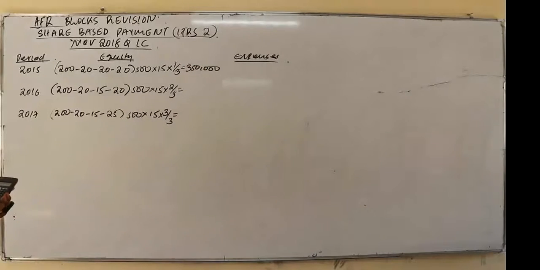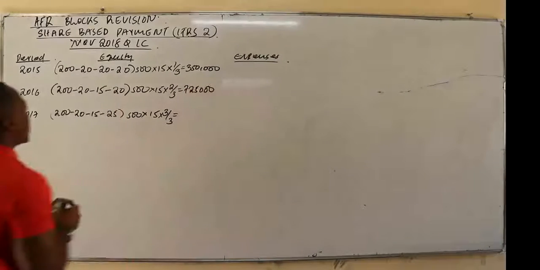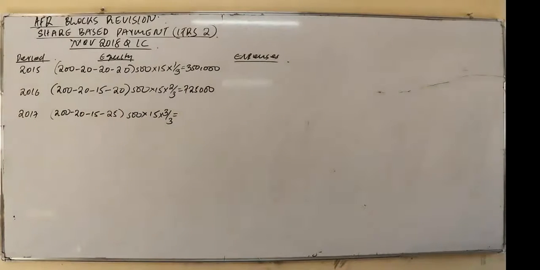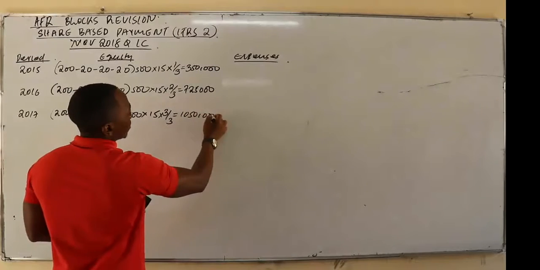We get 350, then 725, then 1050. So what do you take to the expense?